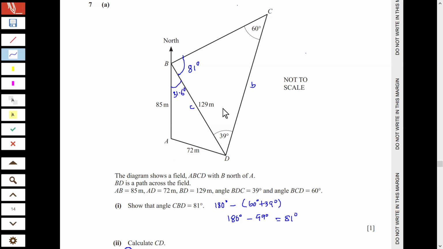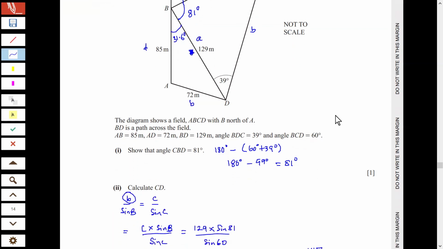I can label this side small letter b and this side small letter d, so this side will become small letter a. Let's apply the cosine rule.